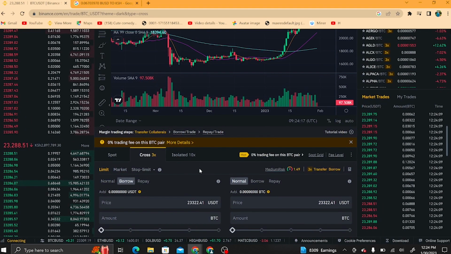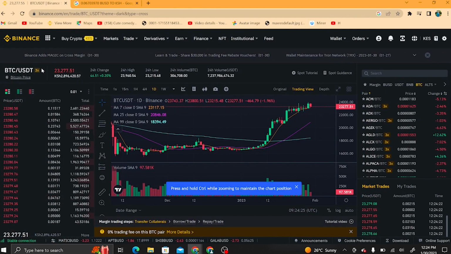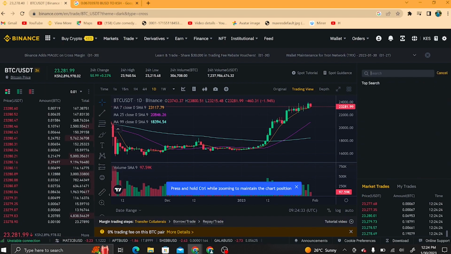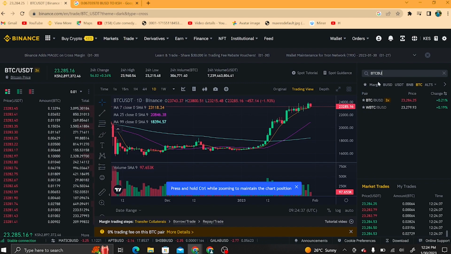The first thing you start with here is zero trading fee on this BTC pair, but let's select another pair. You can select different pairs to trade here, like BTC BUSD.